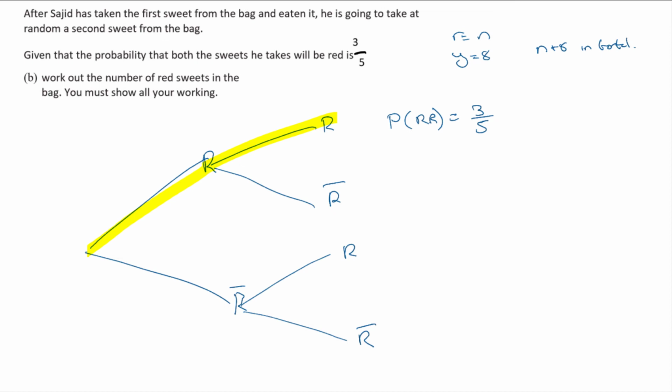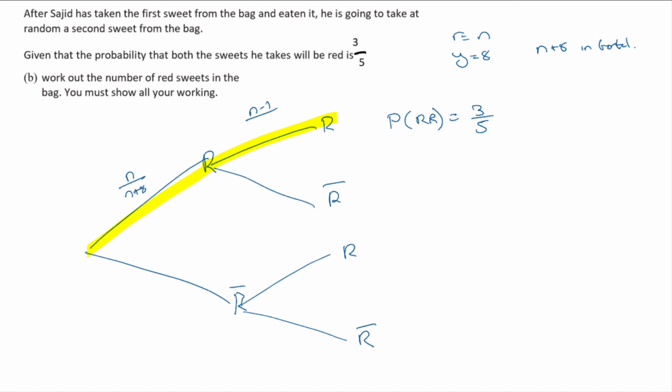Now we don't know what those are yet, do we? But we do know that we had n red ones out of a total of n plus 8 sweets for the first selection, and then for the second selection we're going to have one less red and one less total.